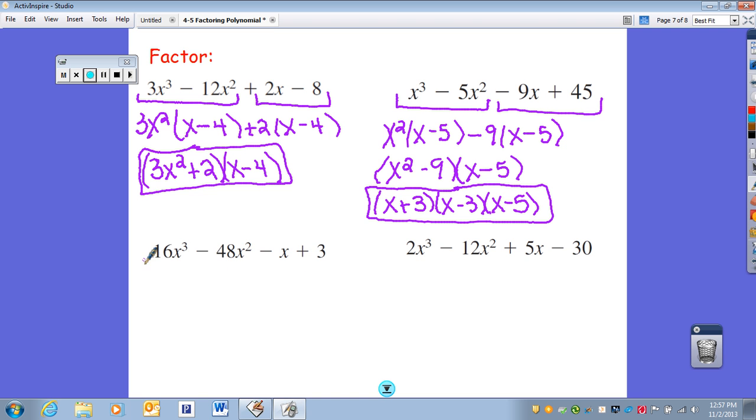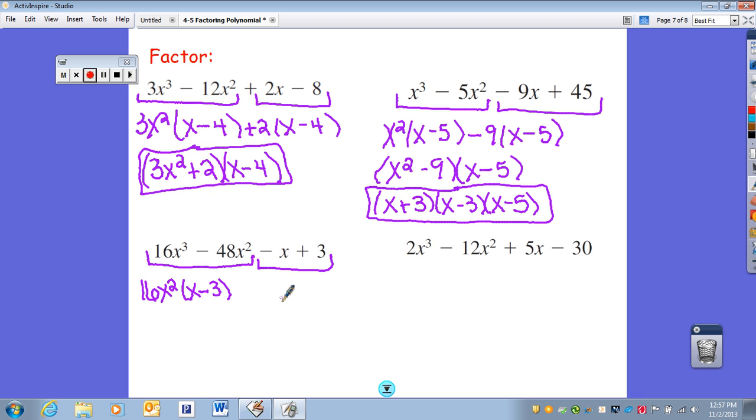Let's take a look at another example. First, check that it is written in standard form, and then we want to factor the first pair. They have a 16x squared in common. So when we divide, we get x minus 3. And then we take a look at the second two, and you might think that they don't have anything in common, but they always will have something in common.